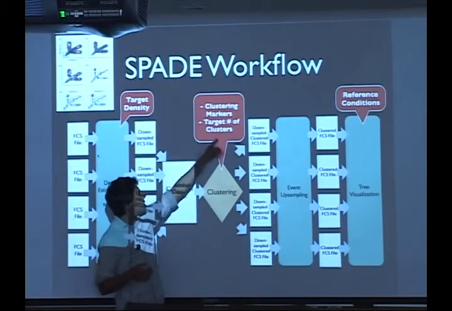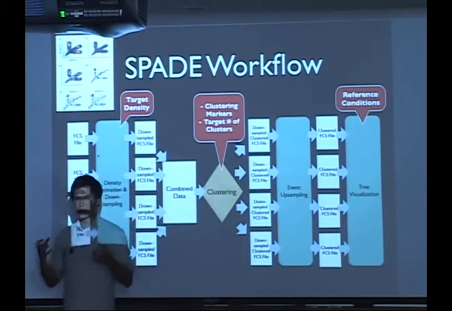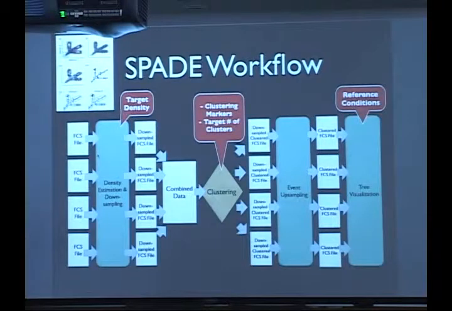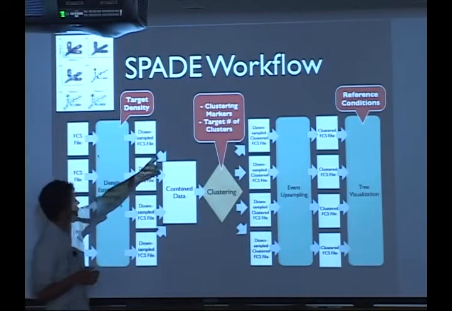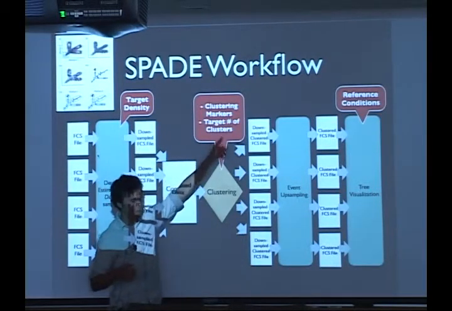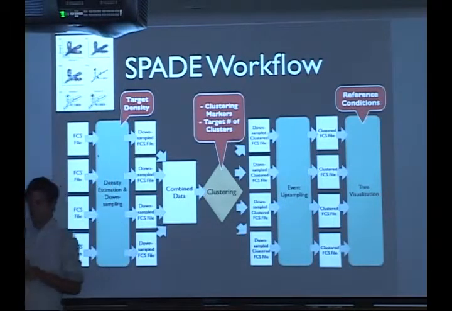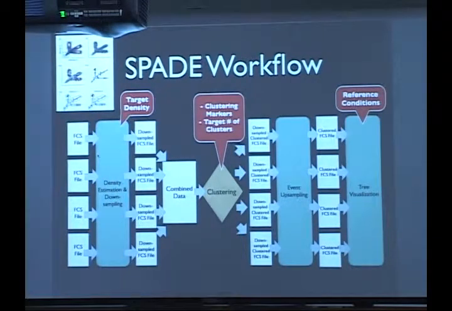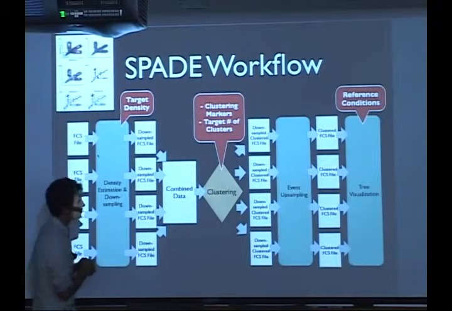The other thing you can tell SPADE is how many of these little clusters you want to discover. Again, the results don't seem to matter too much when you change this number. What you're really trying to do is partition the cells into enough small clusters that you're able to isolate those rare events you might be interested in finding.